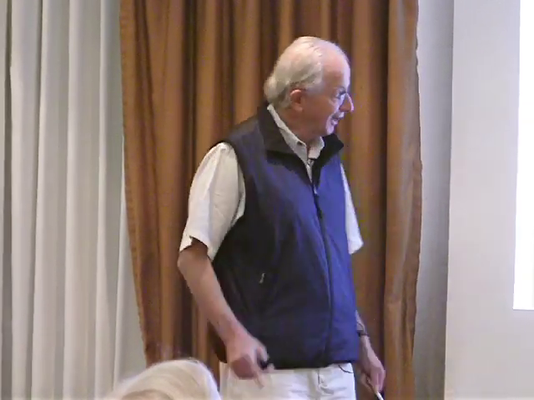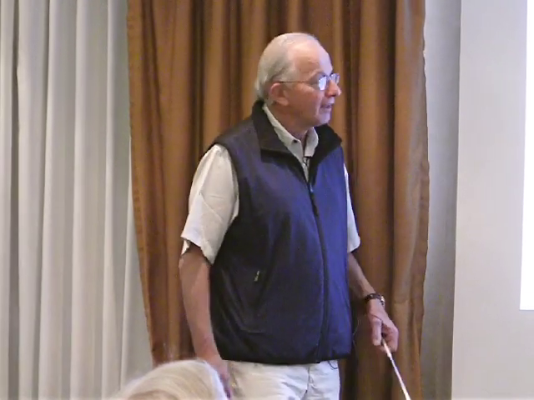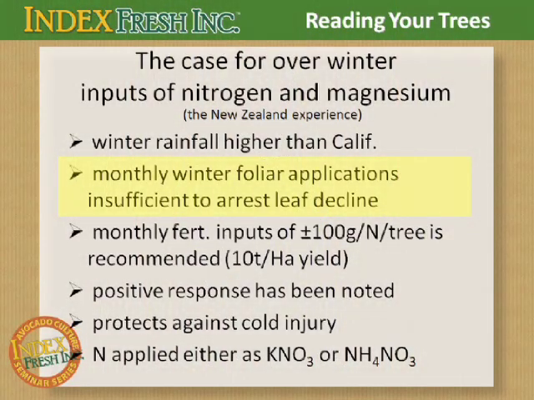Okay. Next. The monthly winter foliar applications, that's what we used to do. We used to apply it once a month, and it was insufficient to arrest leaf decline. So now we apply fertilizer 12 months of the year.